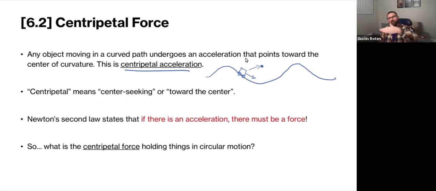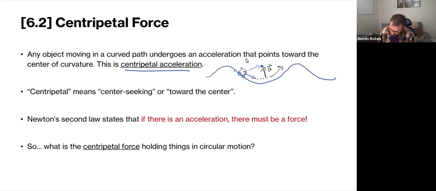As you drive through this dip in the road, the road is holding you in a circular path. So your acceleration is always going to point toward the center of this invisible mathematical point that's the center of this circular path.